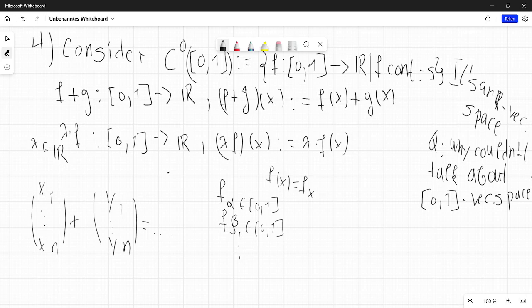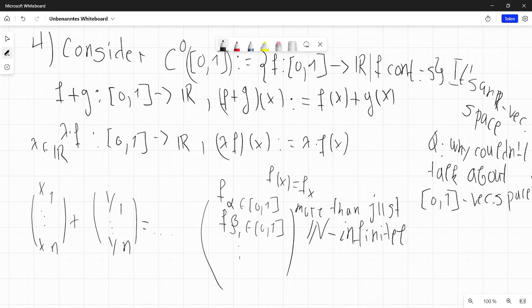Right, and here it goes. It's of course infinite. It's even more than infinite in the natural numbers, so even more than just n infinite in many entries.